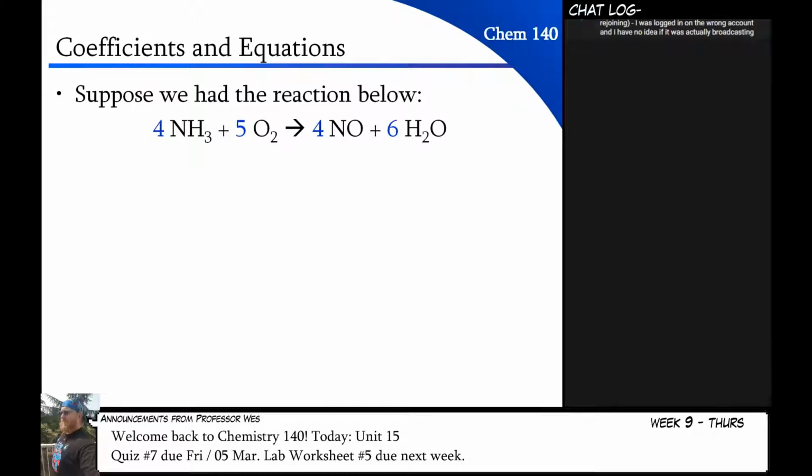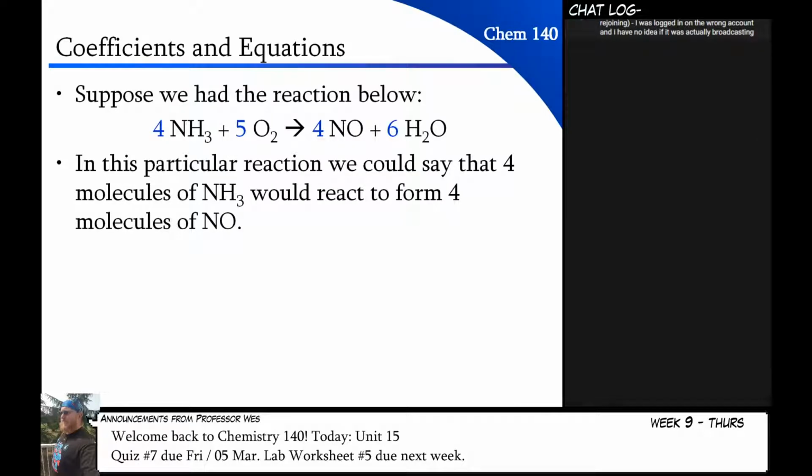I'm going to take this reaction, as shown: 4 NH3 and 5 O2 makes 4 NO and 6 H2O. And we're going to make some statements relating the molecules in this specific reaction as written.